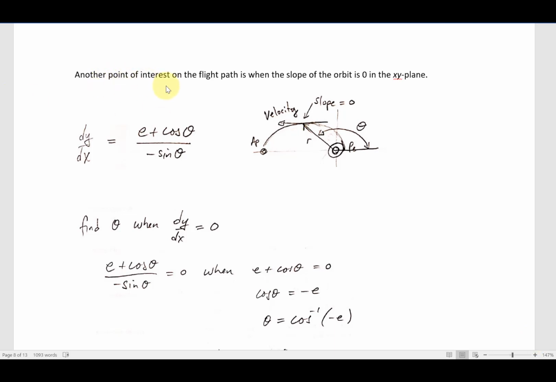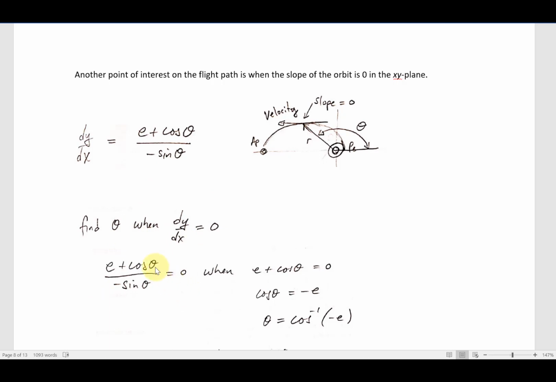Another point of interest on the flight path is when the slope of the orbit is 0 in the xy plane, where the velocity vector is horizontal as I've drawn it. If this is my formula for the slope of the tangent, eccentricity plus cosine of theta, the true anomaly, divided by minus sine of theta, we'll look for the value of theta when dy/dx is 0.